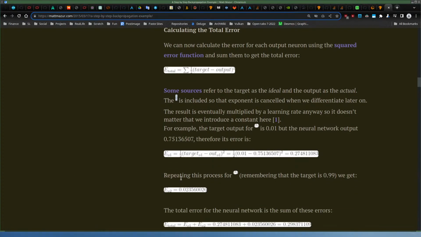Thought I was dividing it by 2 as well. The sum, yeah, it's a half of target minus z squared. The half is included so that the exponent is cancelled when we differentiate later on. AKA pretty arbitrary.